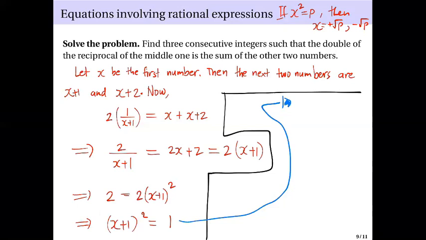So we have x plus 1 equals plus 1 or minus 1. This means x equals 1 minus 1 or x equals negative 1 minus 1. Or we have x equals 0 or x equals negative 2.